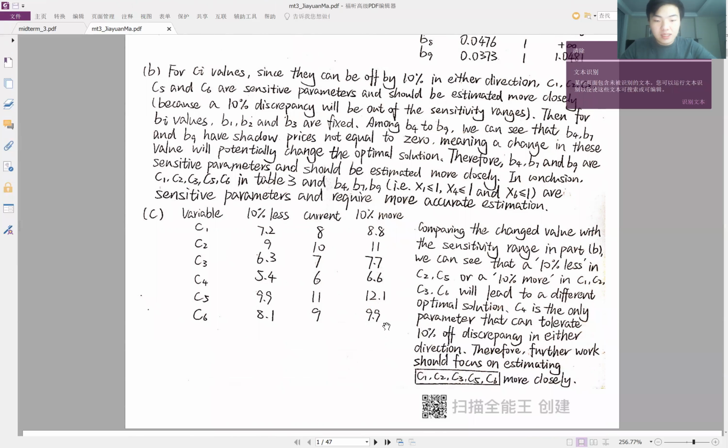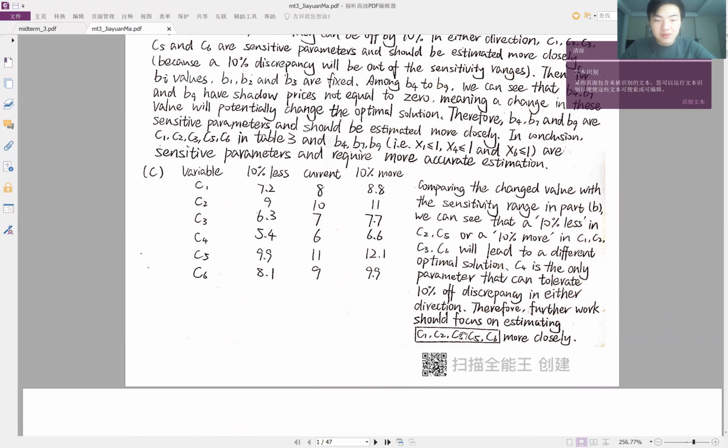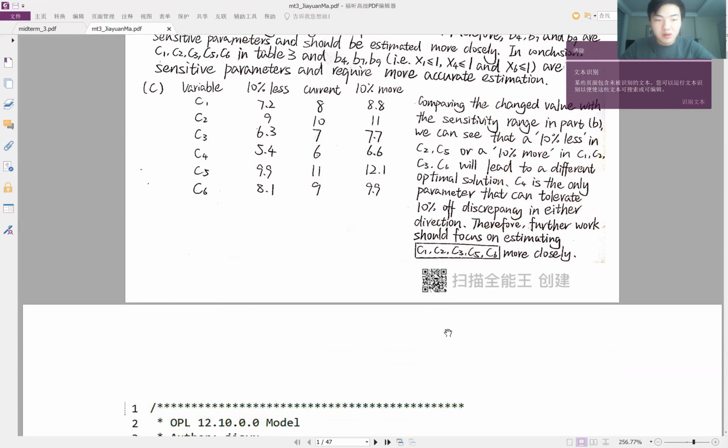And we can tell that C1, C2, C3, C5, and C6 either have the 10% more restriction violated or the 10% less restriction violated. So these 5 parameters should be estimated more closely.